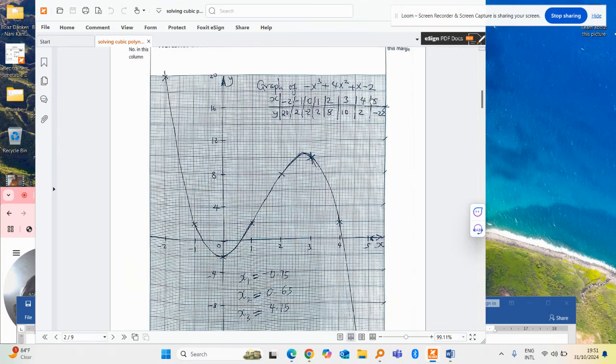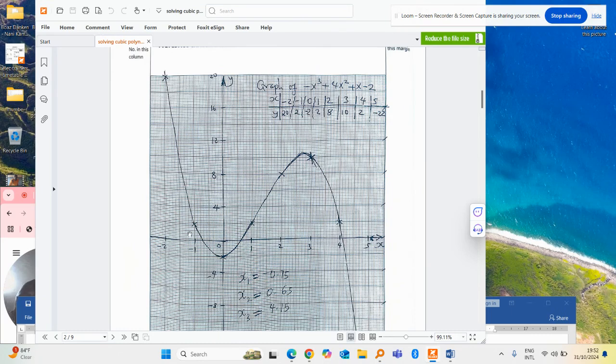Similarly, between 4 and 5, there is a change in the sign of y. Y values change from positive 2 to negative 22. That means there is a sudden change. So the value of x which you are looking for will be found in between these two values of x. And that is how we get our answers.